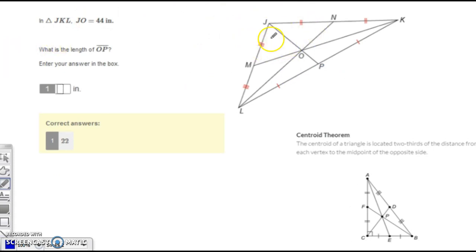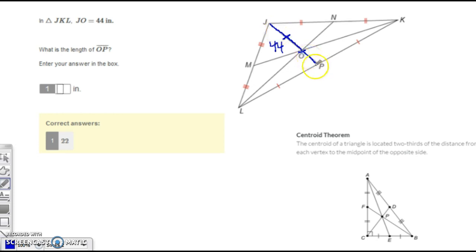Okay, this is the same thing. We have median, so we know we've created the centroid. So we can use the centroid theorem. So this one says JO is 44. Now remember, the centroid theorem tells us that it's 2/3 the distance. So I like to cut the longer piece in half and let this one be 1/3, this one's 1/3, and this one's 1/3.